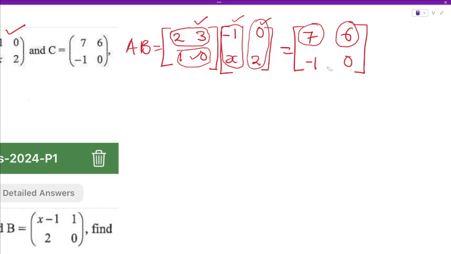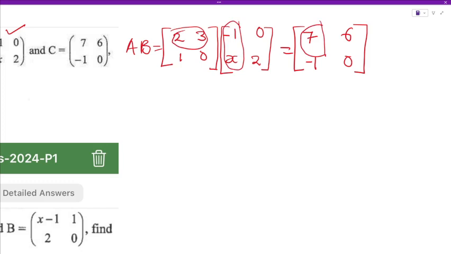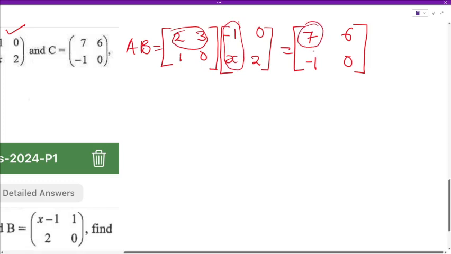So all you are looking for is to form an expression so that you can find X. So I'll simply focus on any row that's multiplying with this column. That's going to give me X, right? So I'll simply say this row by that column. I know that when I multiply these, I'm going to get the topmost value on the left here.